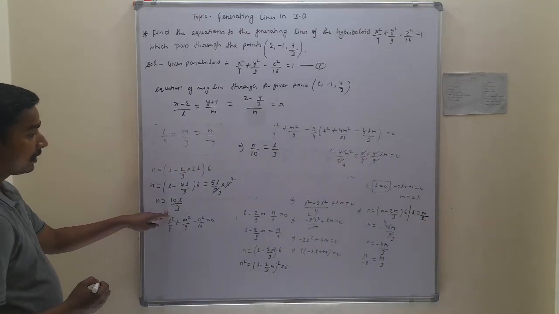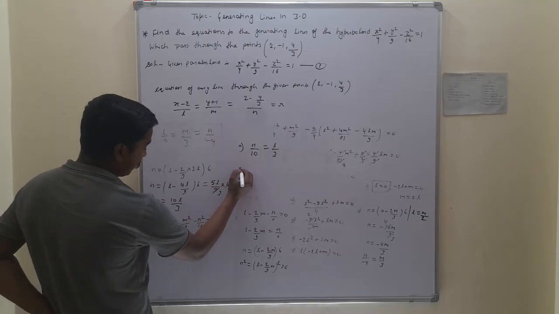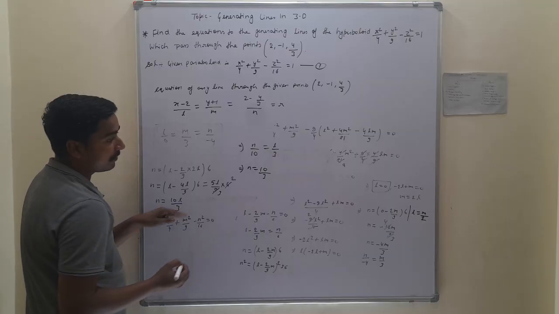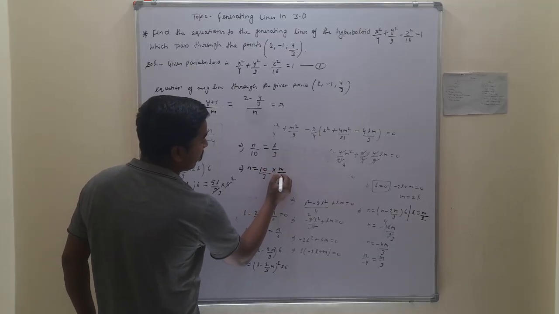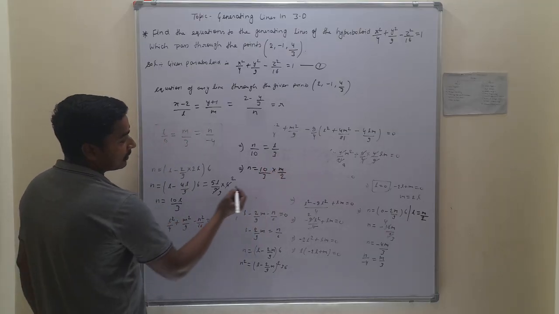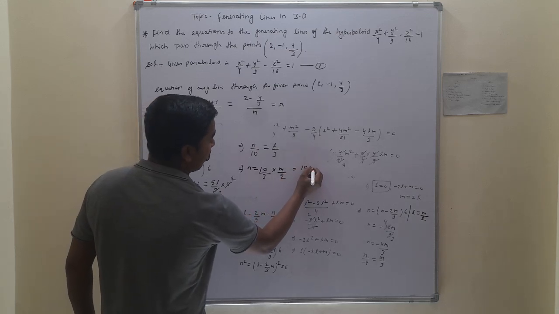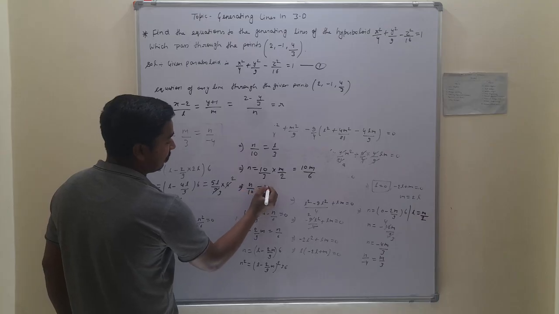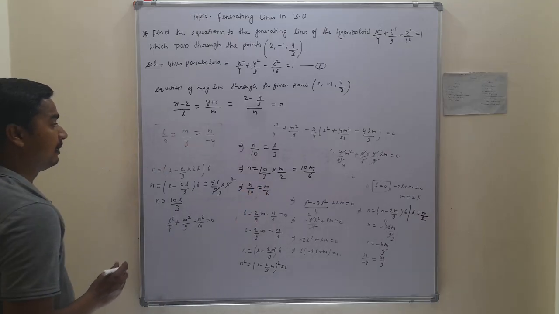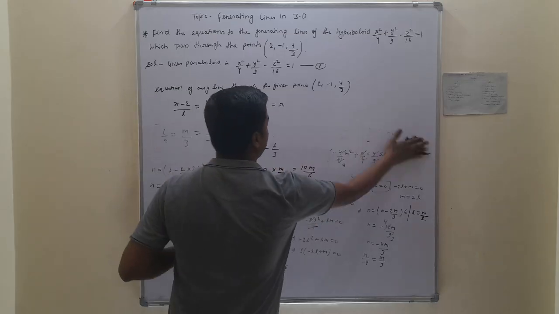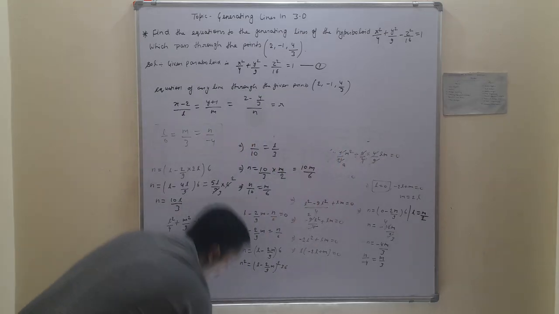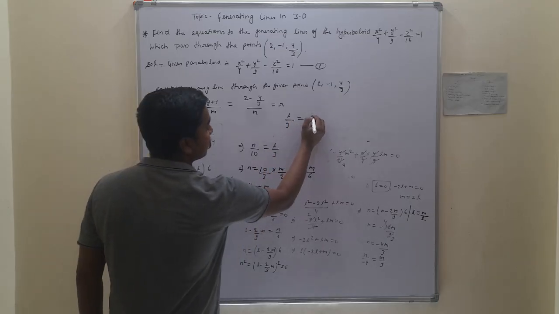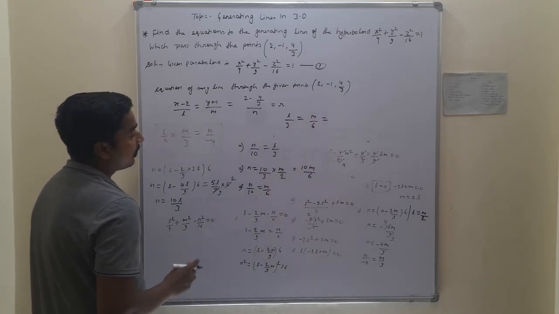So in place of L we put M by 2, and from here this is 10M upon 6, and we can also write N by 10 is equal to M by 6. The second equation we write here: L by 3 is equal to M by 6 is equal to N by 10.